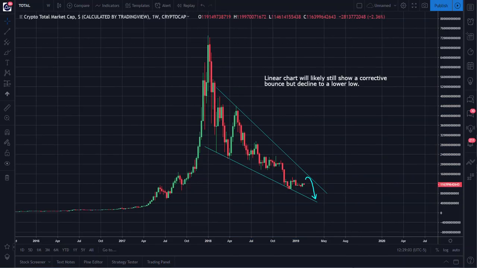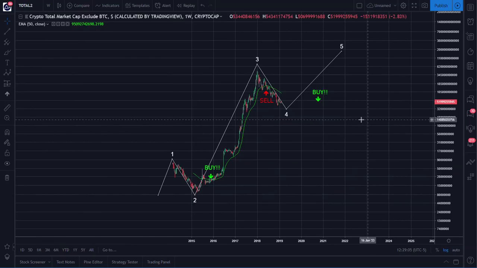So now to the total without Bitcoin. And for that, you type in total 2 in TradingView. Look at this. Not much different at all. Why is that? And I've said this many times in the Steem It days.